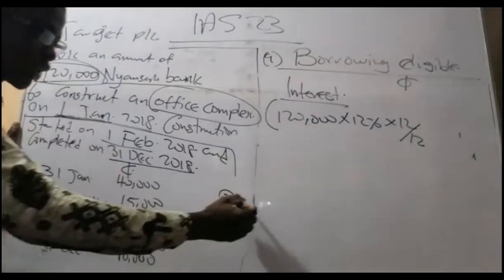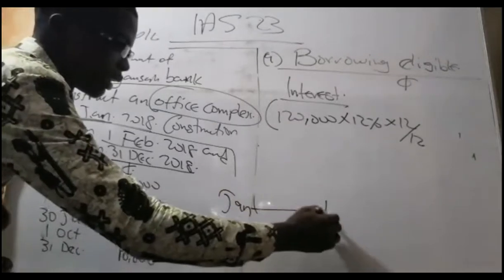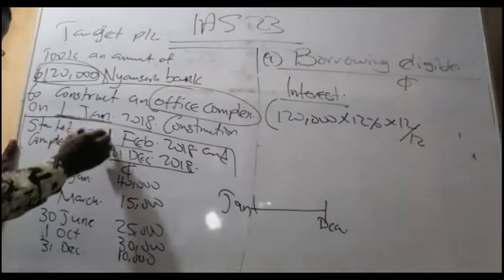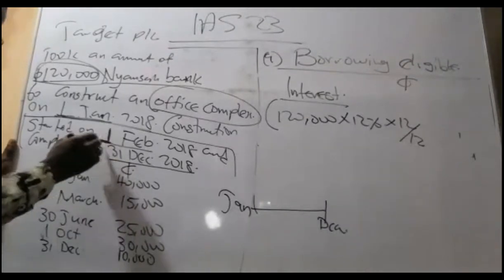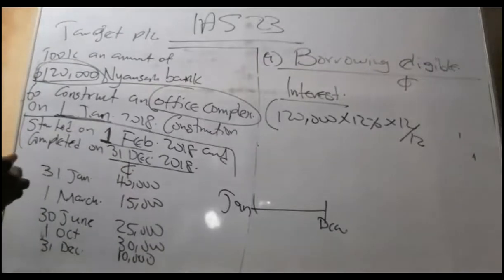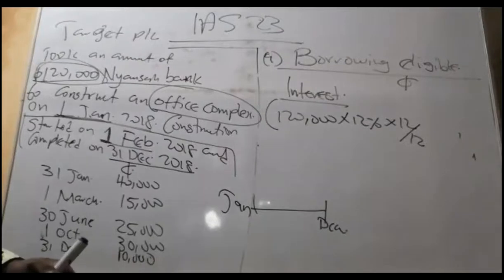So it ran from January to December. But the construction started from where? 1st February. And if I've gone through the first video, we said that you only have to commence the capitalization when the construction is in progress.